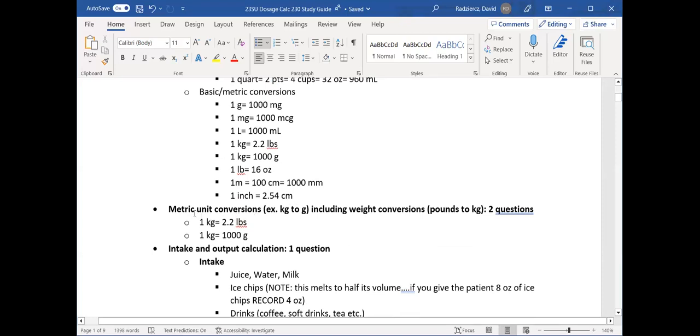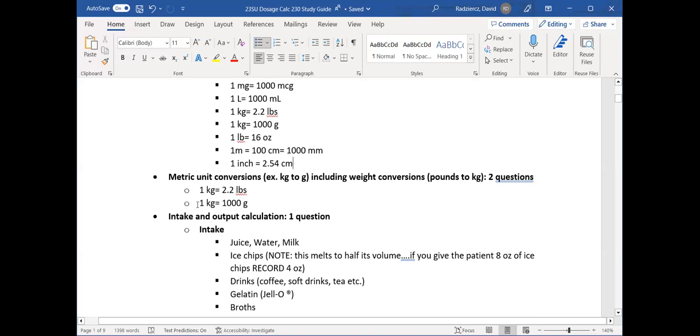You're going to have some metric unit conversions. She said kilograms to grams, but I would expect that you're going to see more like milligrams to micrograms, micrograms to milligrams, and milligrams to grams, grams to milligrams, as well as going from pounds to kilograms. We usually don't talk, at least from what I've seen, about kilograms other than a patient's weight, because medications typically aren't dispensed in kilograms, right?